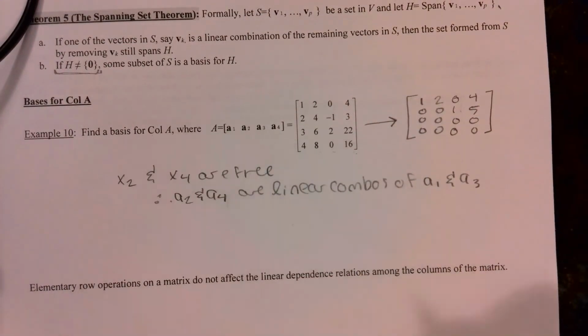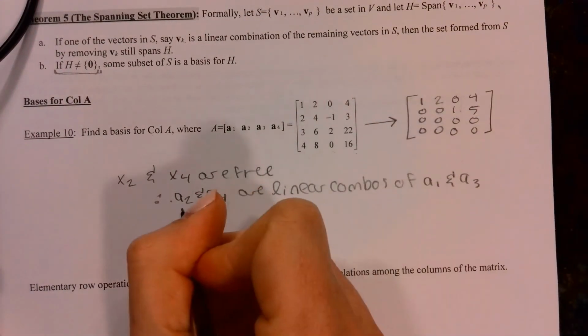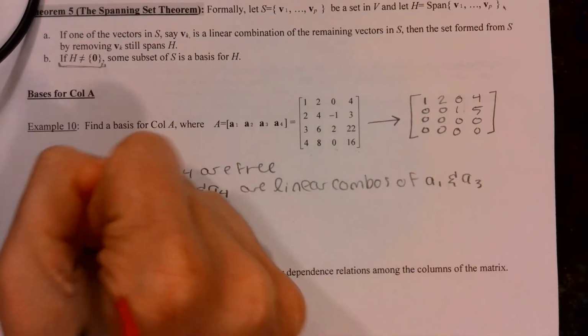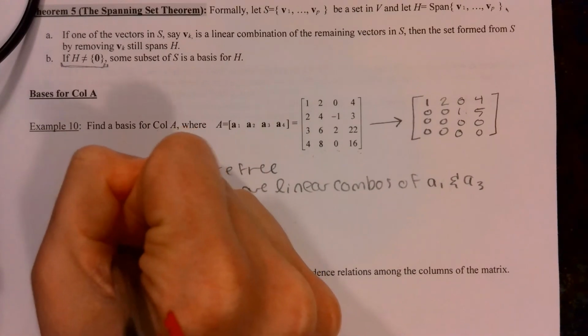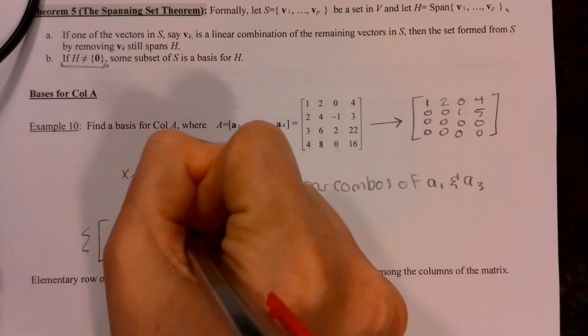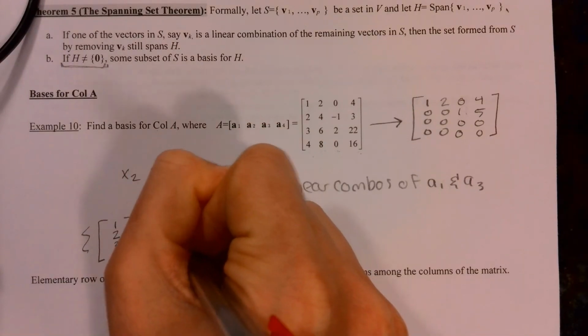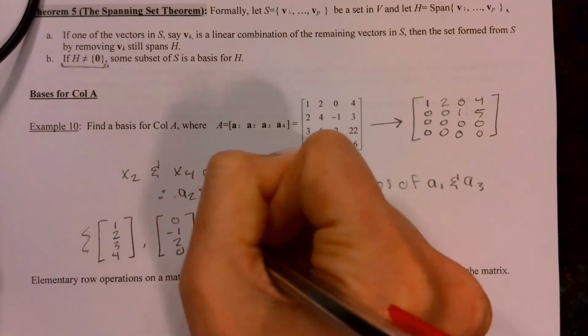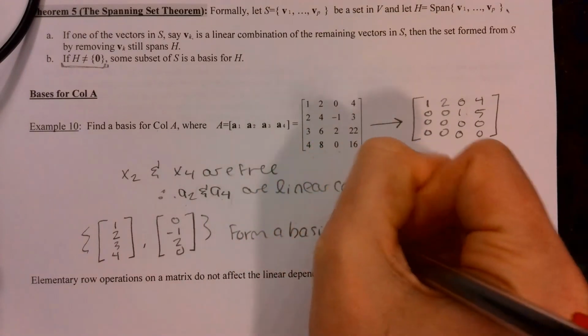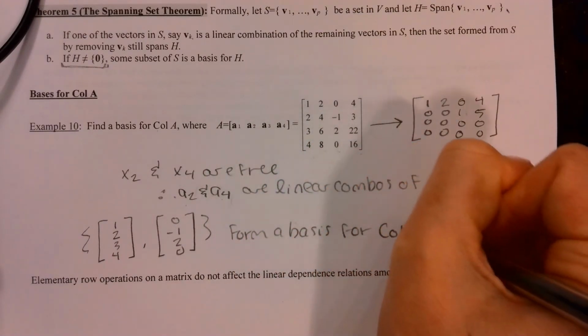So we eliminate these 2 vectors in order to make a linearly independent basis. So the vector 1, 2, 3, 4, and the vector 0, negative 1, 2, 0 form a basis for the column space of A.